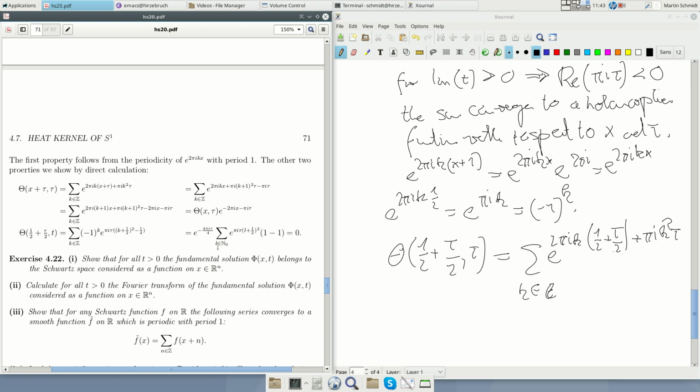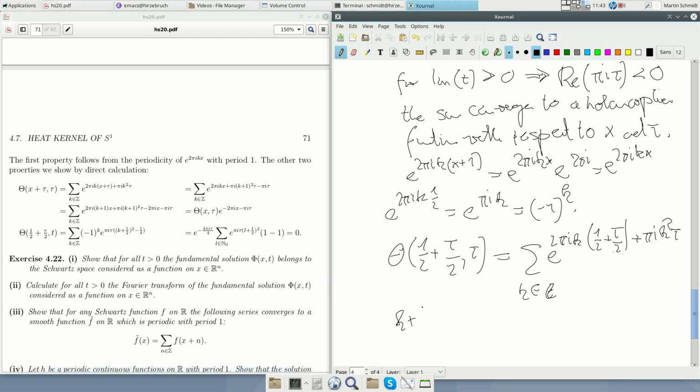Now we relabel: k plus 1/2 in Z. Maybe I write it differently to make it clear.